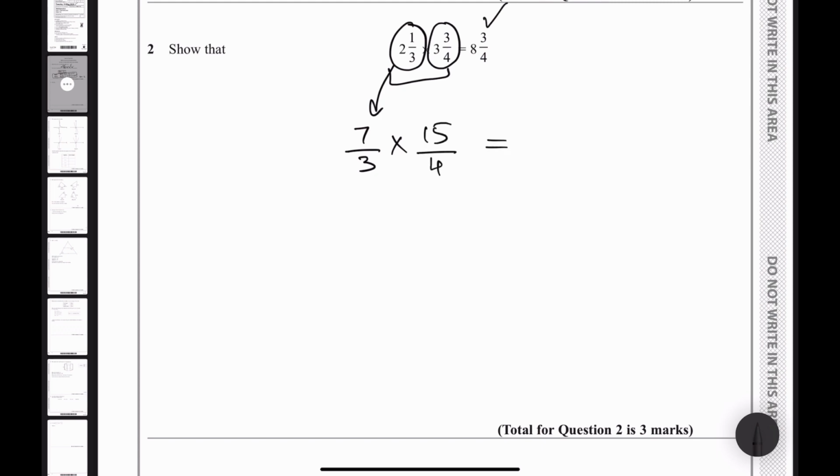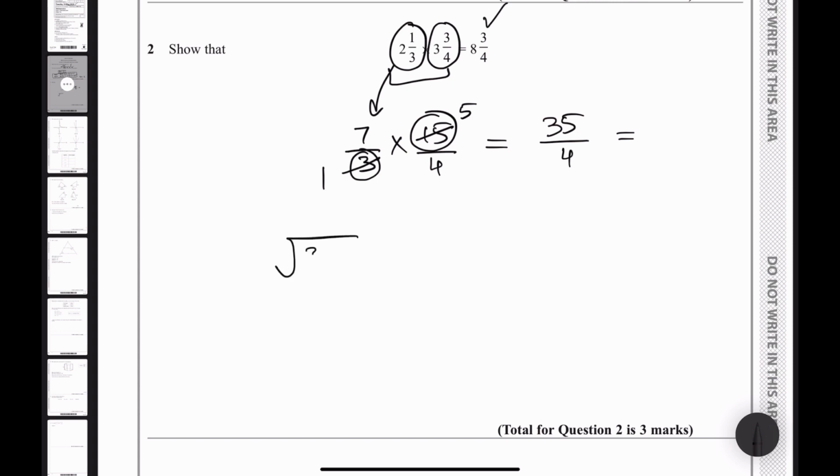Now, because these fractions are being multiplied, we'll multiply the numerators and multiply the denominators. But before that, we'll do some simplification. So we can cancel this 3 and 15. 3 times 1 is 3, and 3 times 5 is 15. So I'll cancel 15 and write 5 in place of 15. Now 7 times 5 makes 35 over 4. Now let's convert that into a mixed fraction.